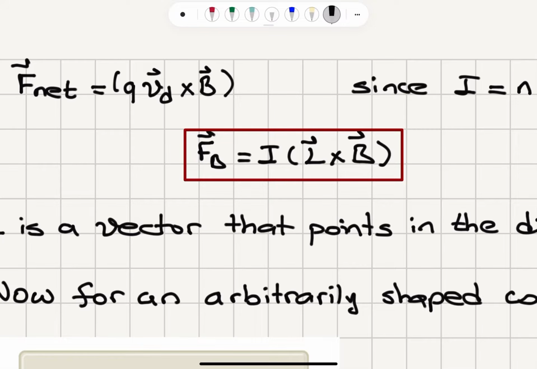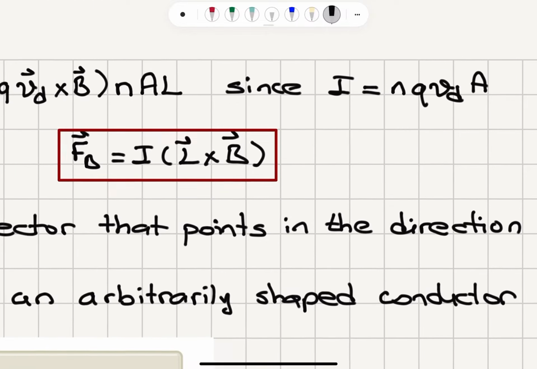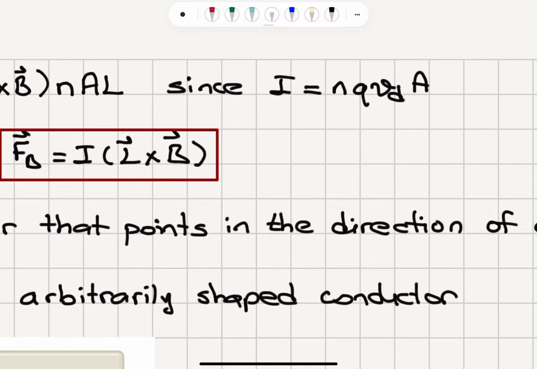The number of charges is charge density multiplied by the volume, nAL, and we know that current is equal to nq v drift times A. This is charge density, the charge per particle, drift velocity times A. This is basically equal to dq/dt, remember. The volume is A times dx, so they cancel.